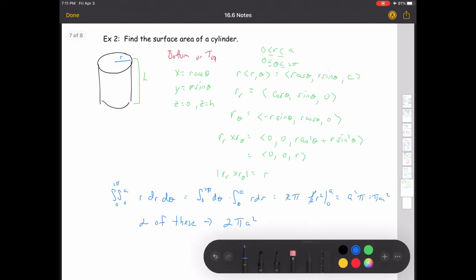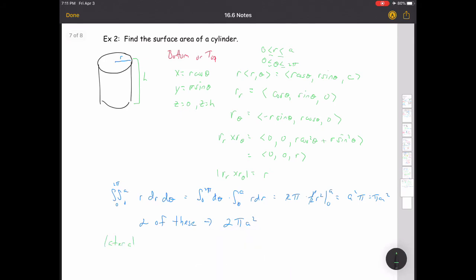Now let's do the lateral side. So if we do the lateral side, well, let's see. Now remember that we are only talking about the outside of the cylinder, so we're not talking about everything on the inside.